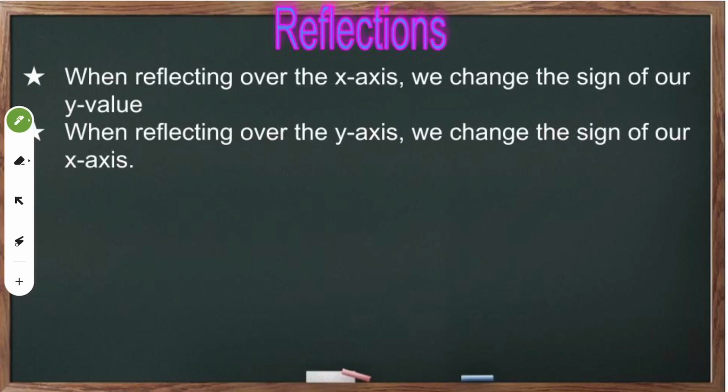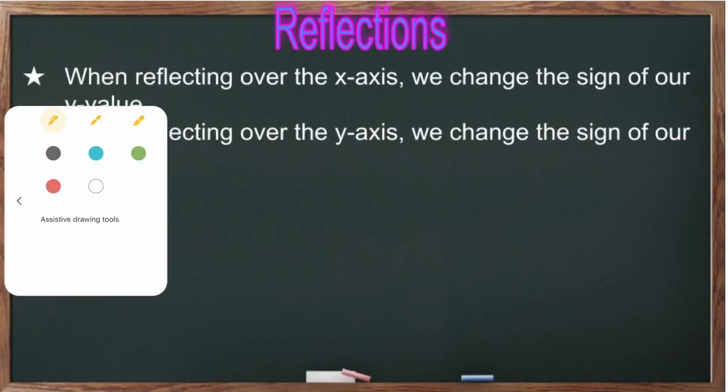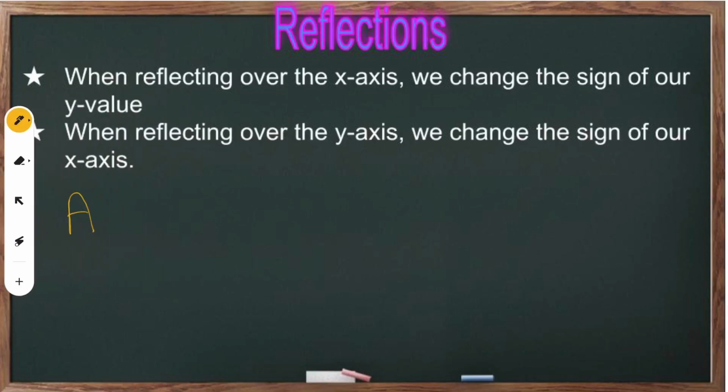Say we have the point, I'm going to call it A. Say we have the point A at the coordinate (1, -4). And I want to reflect A over the x-axis. This bullet point says when reflecting over the x-axis, we change the sign of our y value.